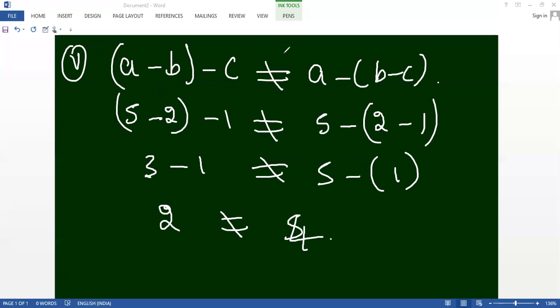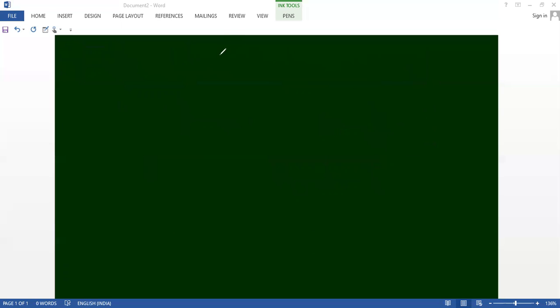This is not equal. So the associative property is not satisfied here, and the commutative property is also not equal here.